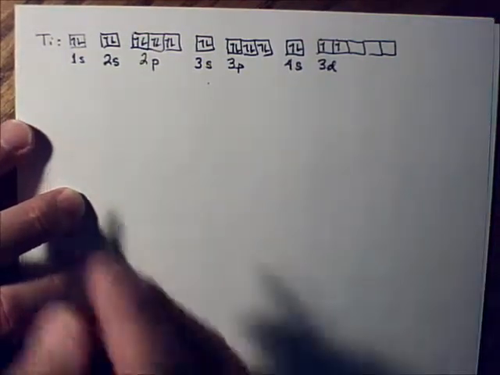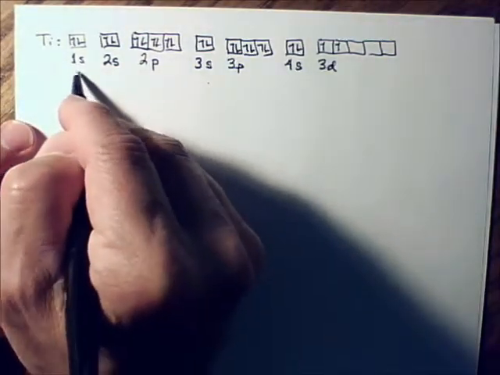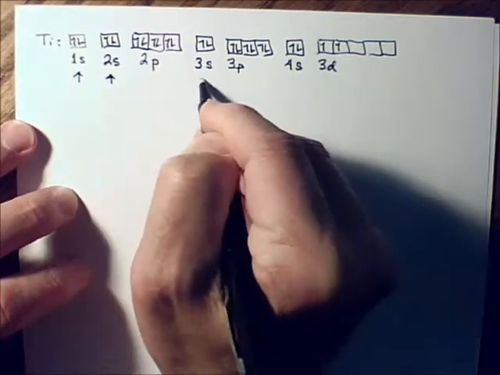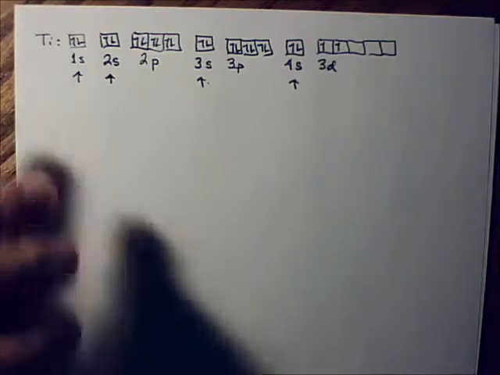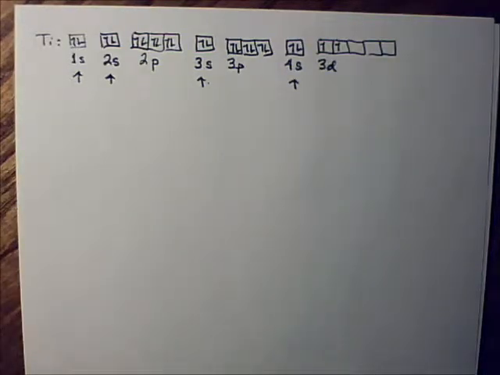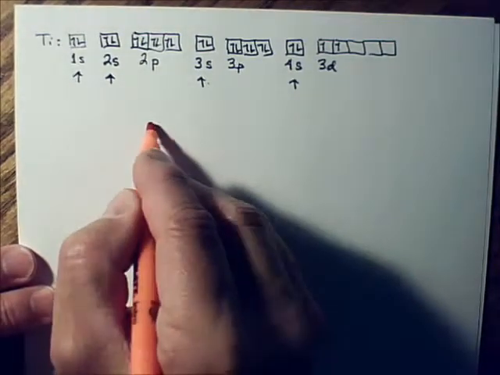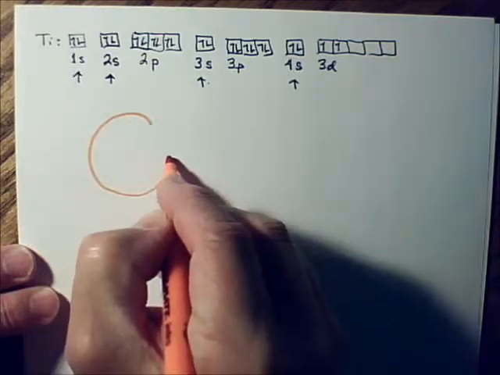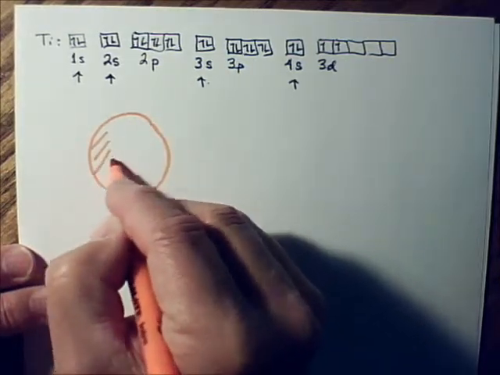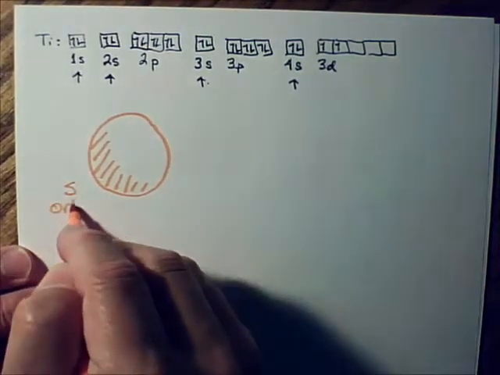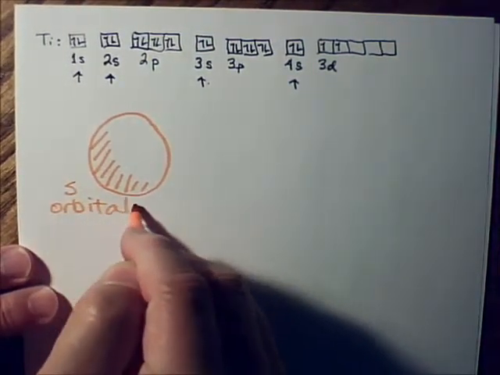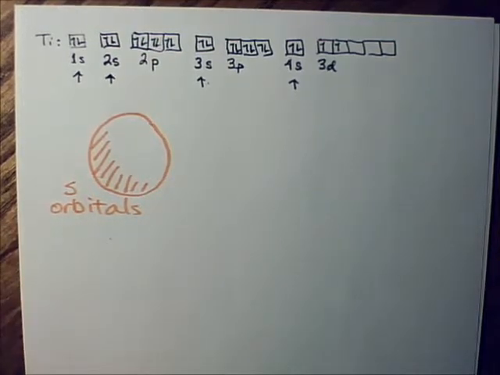orbital. Well, these S orbitals here, and here, and here, and here, they are all spheres. S orbitals are all spheres.